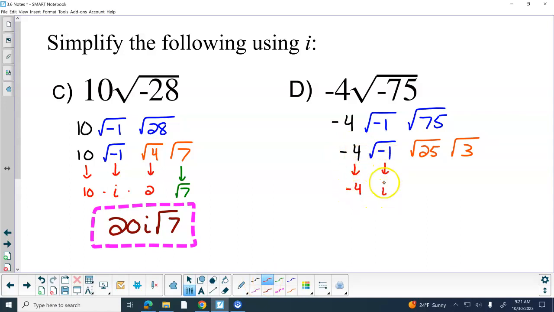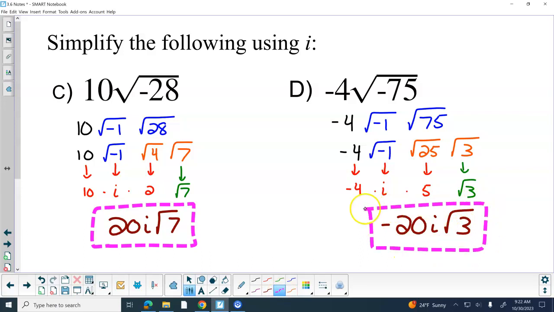Square root of -1 is i, moves to the outside. Square root of 25 is 5, moves to the outside. And then you have the square root of 3. So then this would become -20i square root of 3. Questions on either one of those two?